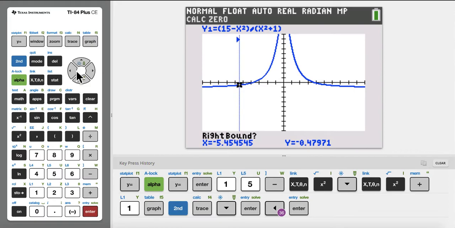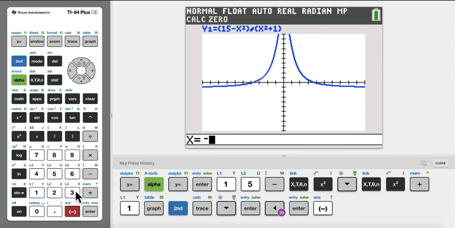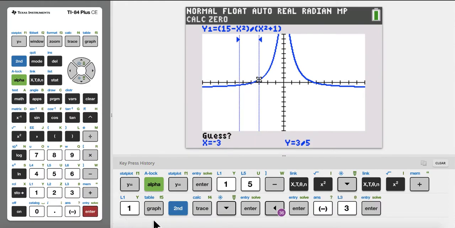The calculator then asks us for a right bound. Now, to get to the right side of that x-intercept, of course, you can use your right arrow to do that. The other thing you could do is to just type in a number that's to the right of our x-intercept. Now, my x-intercept looks like it's at about -4, so maybe I type in -3 as my right bound.